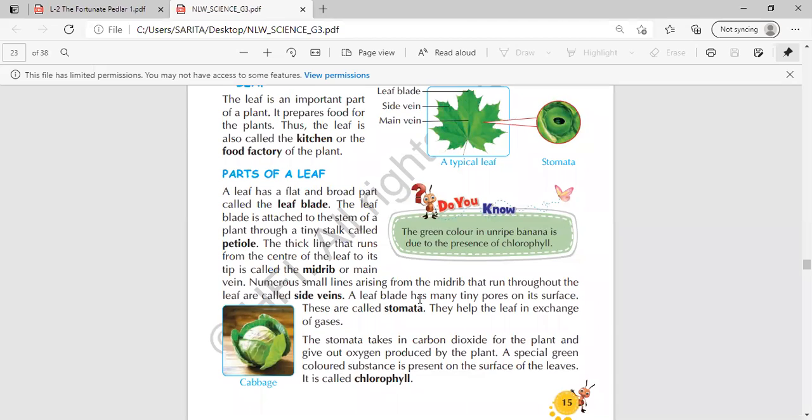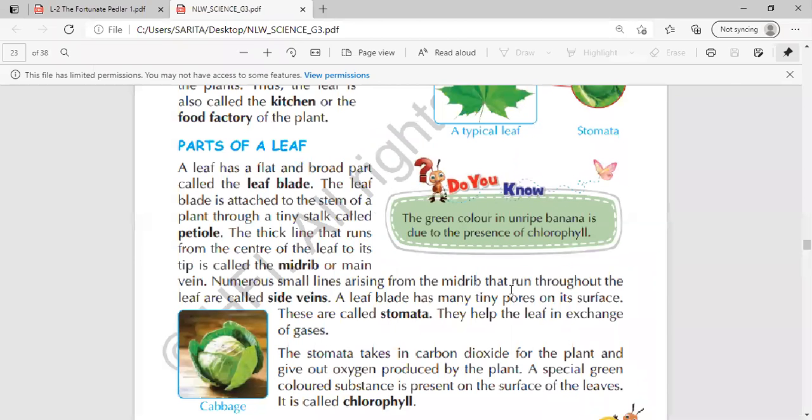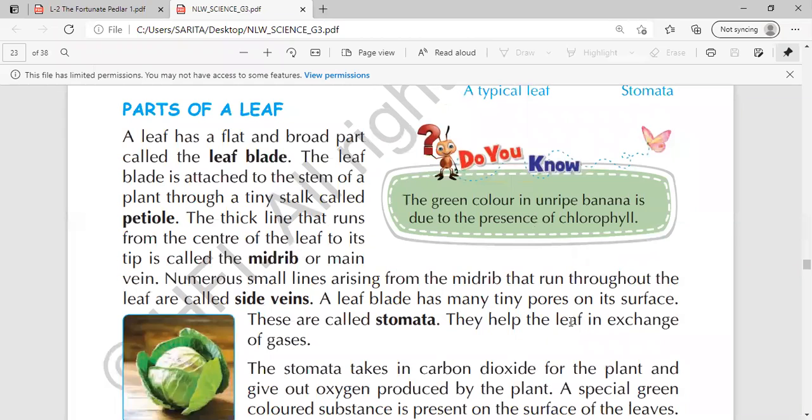A leaf blade has many tiny pores on its surface. Pores means holes.